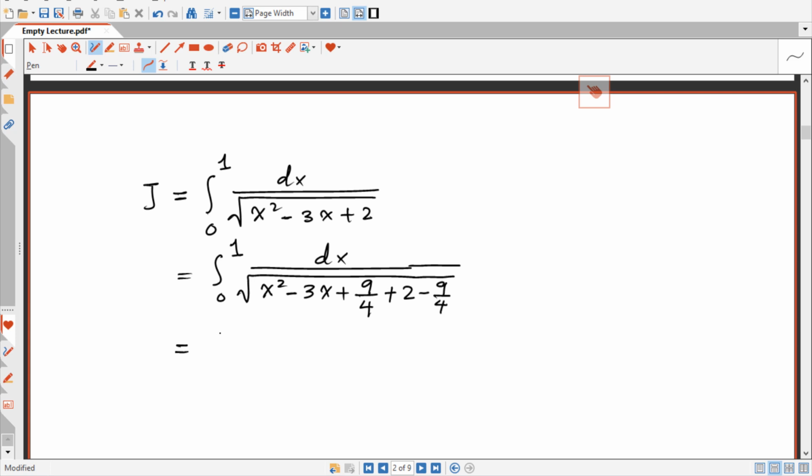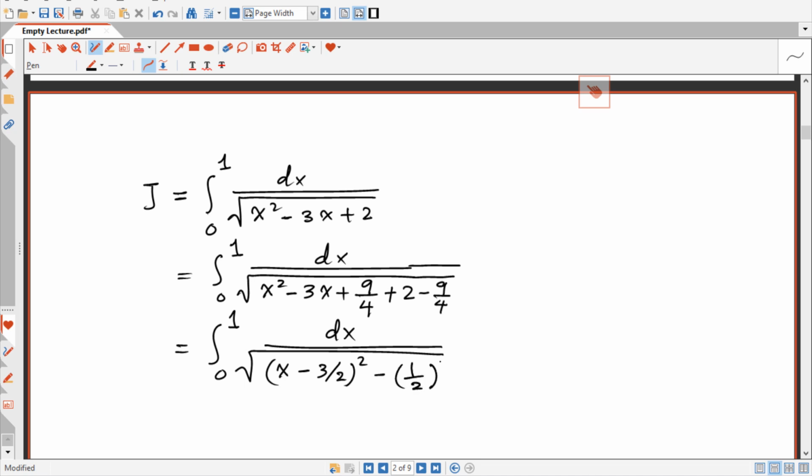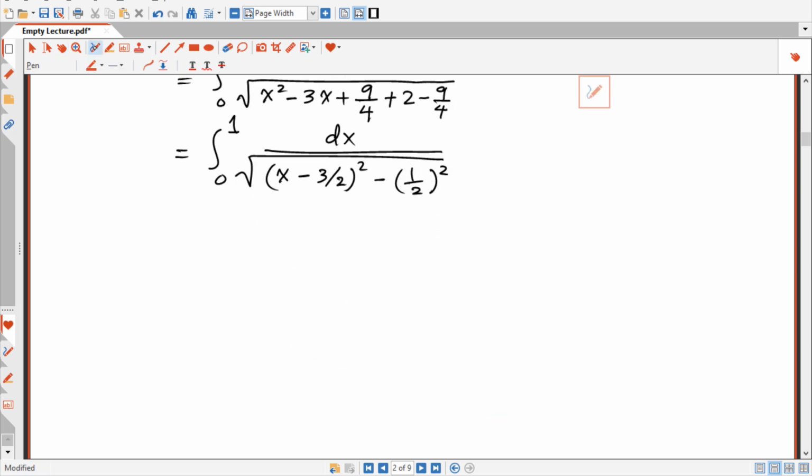This is equal to dx divided by the square root of x minus 3 by 2 all squared, plus 2 minus 9 by 4, that's 8 by 4 minus 9 by 4, that's minus 1/4, that's minus 1/2 squared. So we have completed the square here. Now we can use a suitable identity for the trigonometric substitution.